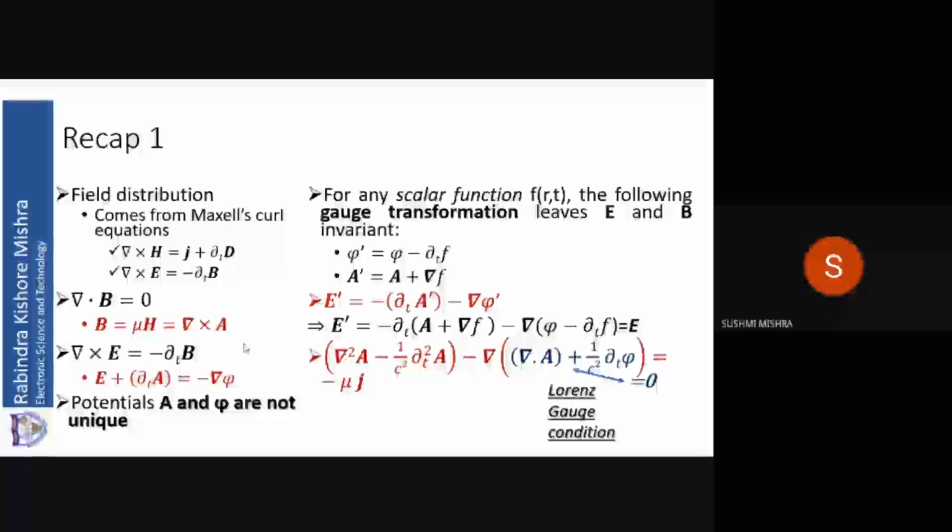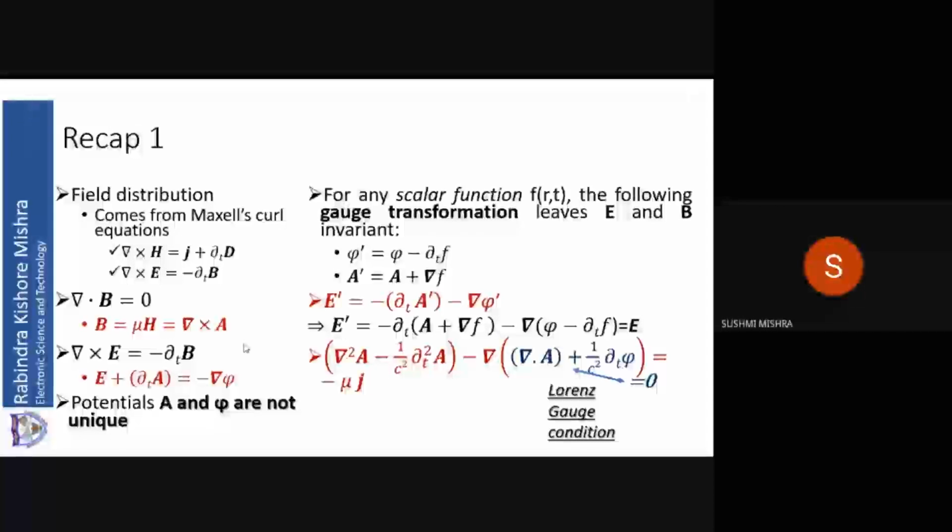That also we saw from different points of view. Then we said something called gauge transformation, and for any scalar function, we said that E and B are invariant under gauge transformation. What is gauge transformation?